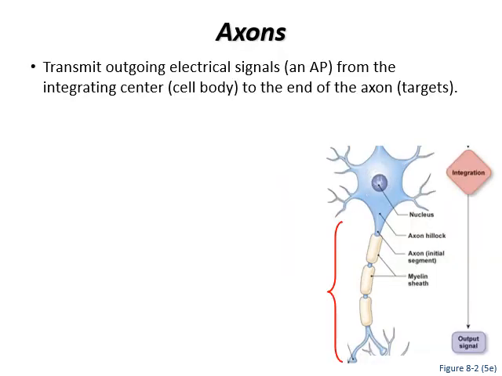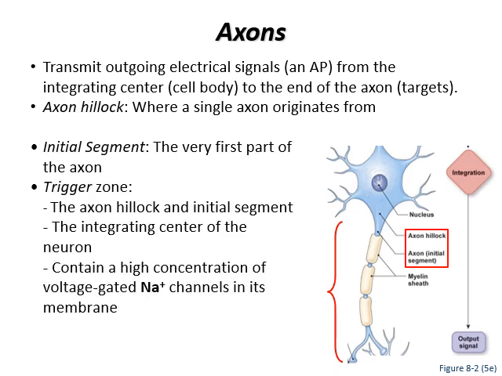And then the output end is the axon. The axon is where the electrical signal is going to travel. These can be very long, up to several feet long, and that allows neurons to signal over long distances. This is pretty unique about neurons.